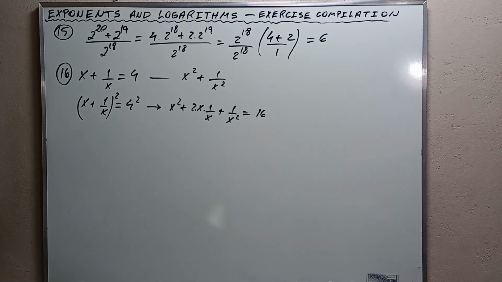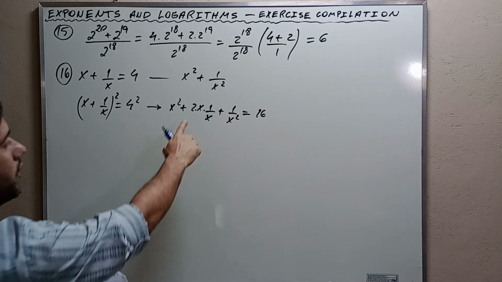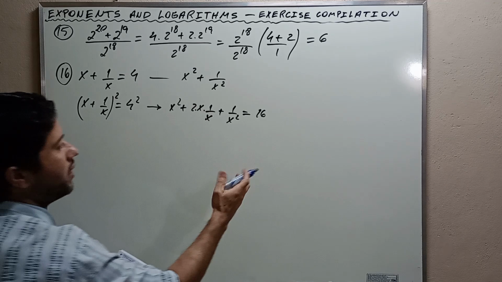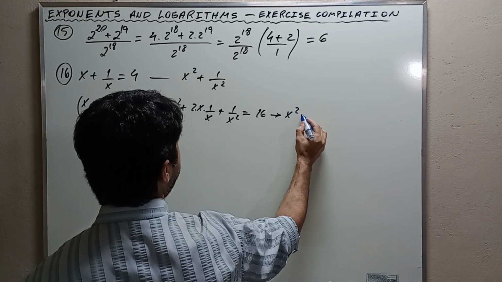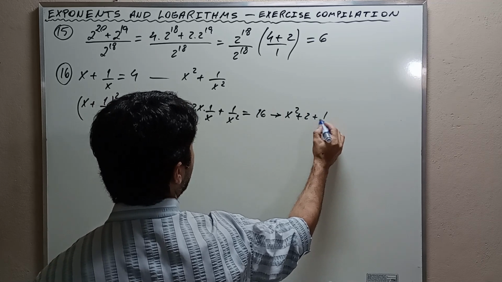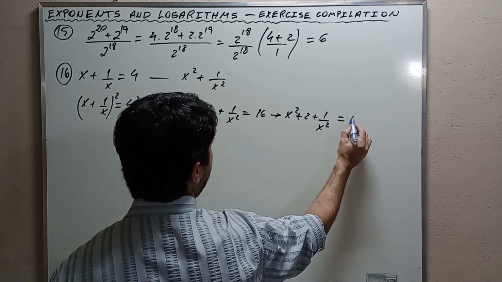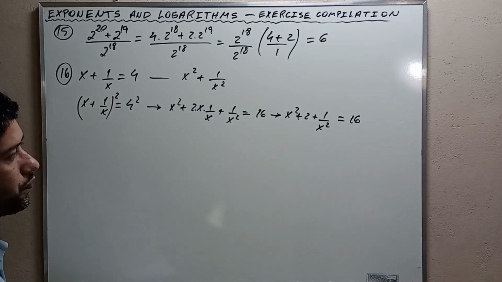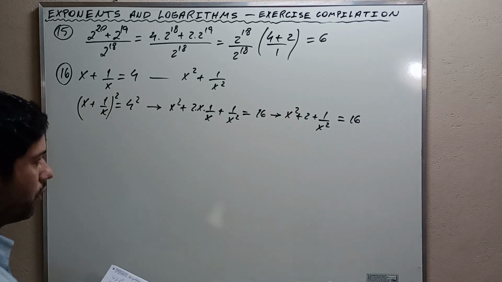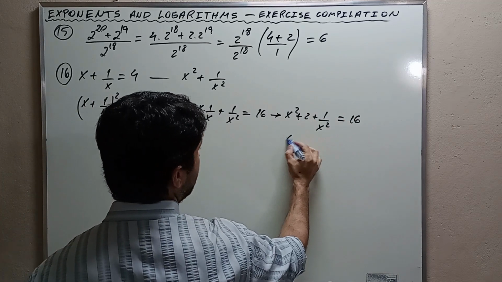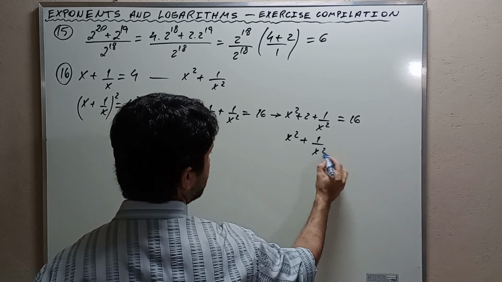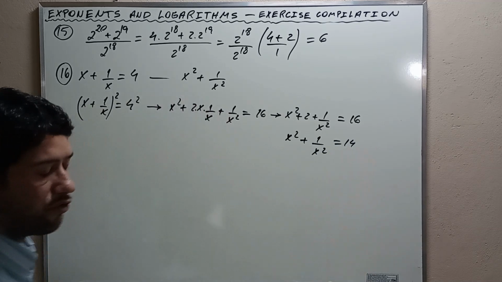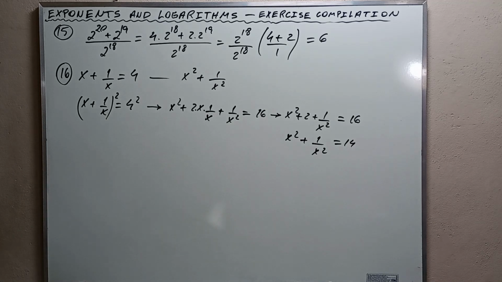And we can cancel this x with this x, and this becomes x squared plus 2 plus 1 over x squared is equal to 16. We pass this 2 to the other side, and we find that x squared plus 1 over x squared is equal to 14, and this is the solution of the exercise.